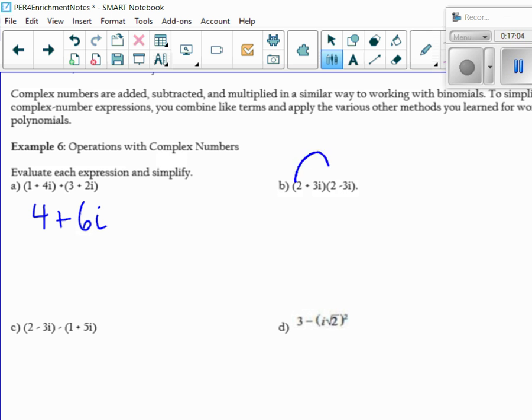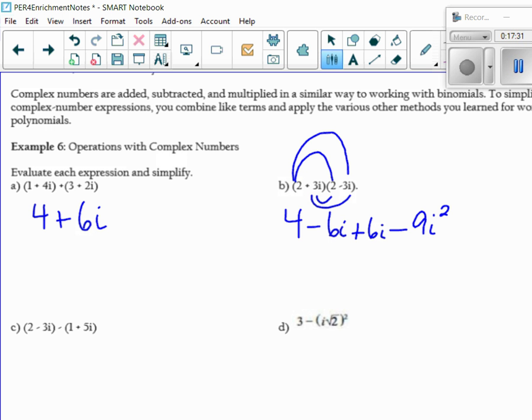Okay, so first we get 4. Outer we get negative 6i. Inner we get plus 6i. But we knew that because this was a difference of two things, right? But anyways, last we get negative 9i squared.